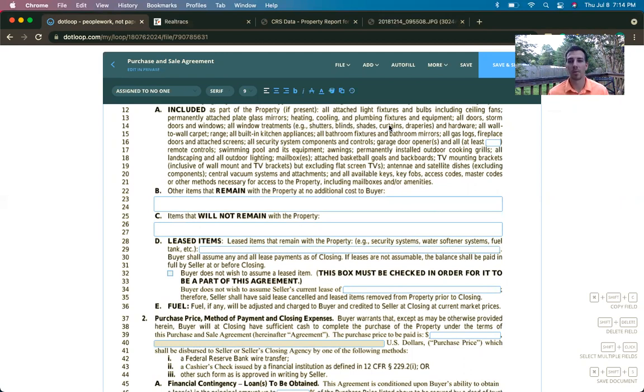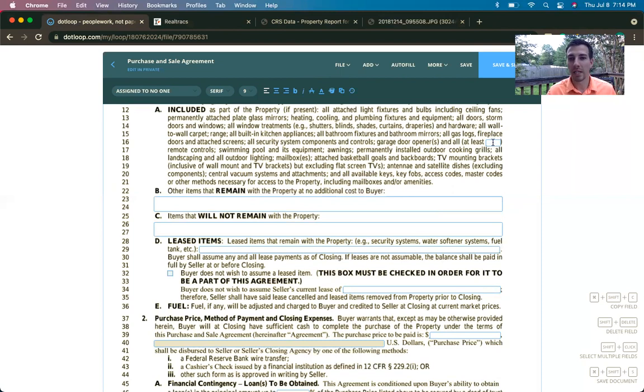So maybe they have grandma's curtains up or something sentimental. If they want that, I would recommend, maybe even before pictures, take that item down, and that way there's no confusion. Nobody's going to ask for those items later on. They won't even know they were in the home. So coach your sellers to take down anything that they don't want included, or that buyers might see and potentially want included in the sale.